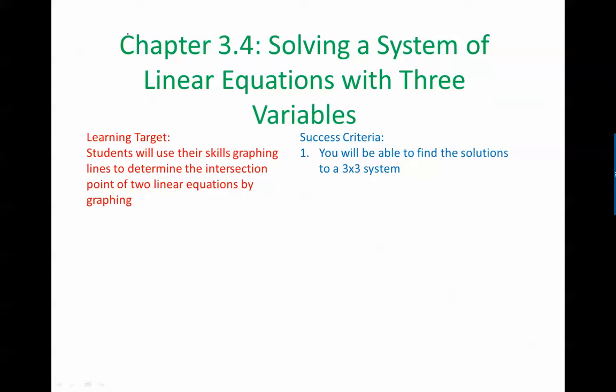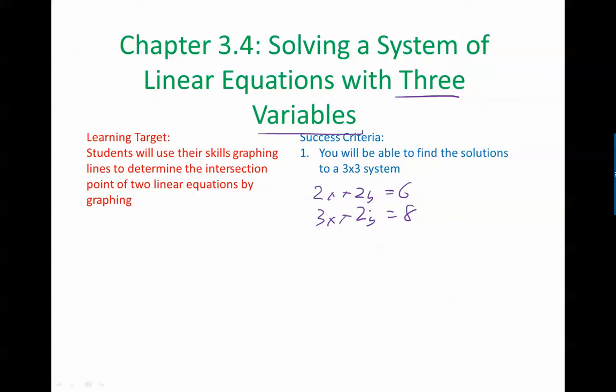Hello and welcome back. We are in section 3.4, and we're going to be solving a system of linear equations with three variables. So what we have done thus far has been equations with two variables, like this, and two equations, like this, right?